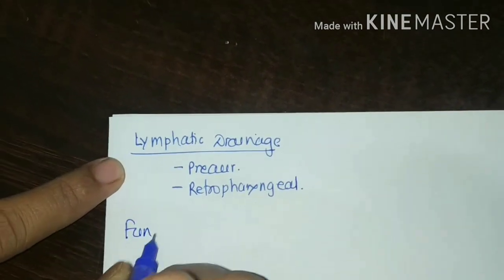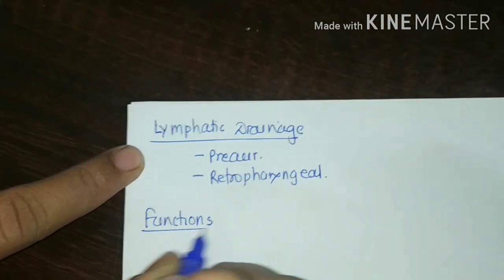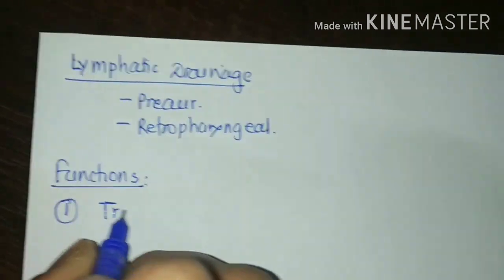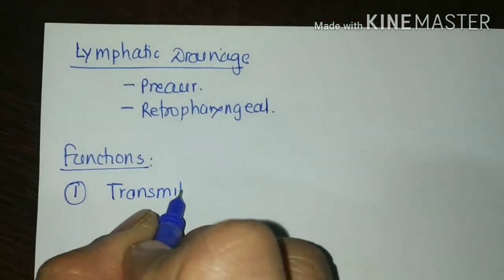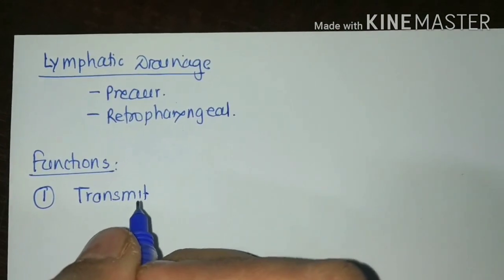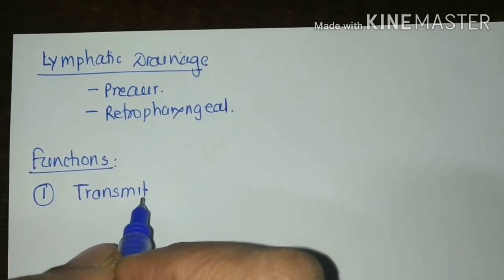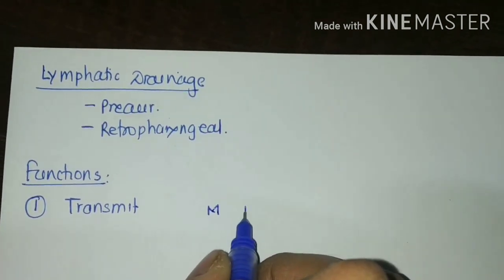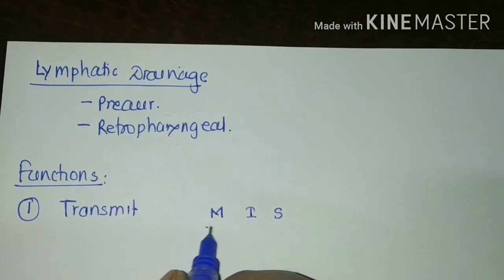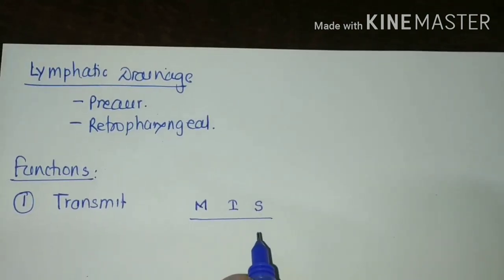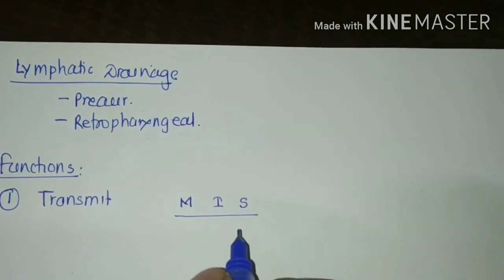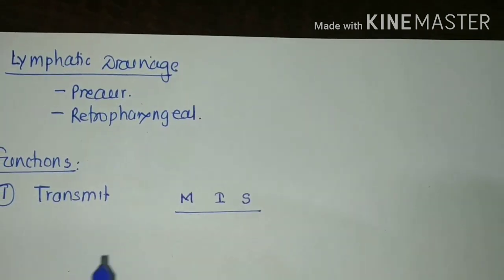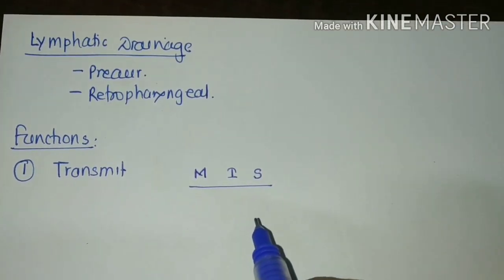Now coming to the functions of the middle ear. Now the main function of the middle ear is transmission of the sound waves from external to internal ear through the chain of ear ossicle. We have seen the chain of ear ossicle has been formed by malleus, incus and stapes, which is responsible for transmission of sound waves, and thus it transforms the airborne vibration from tympanic membrane to liquid borne vibrations in internal ear.